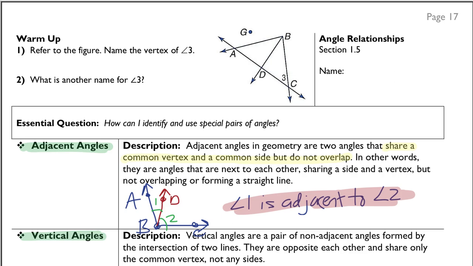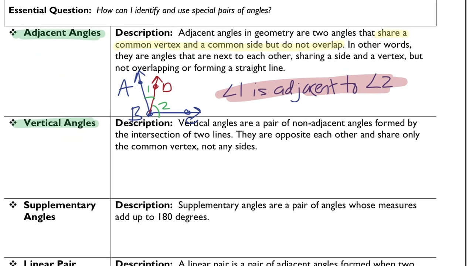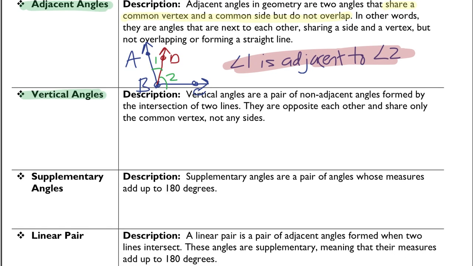It's sharing that common wall, and that in-between area is kind of the vertex, where the walls meet in the hallway. So that is what adjacent will mean. In other words, they are angles next to each other, sharing a side and a vertex, but not overlapping or forming a straight line. That is a key vocabulary term that we need to know.